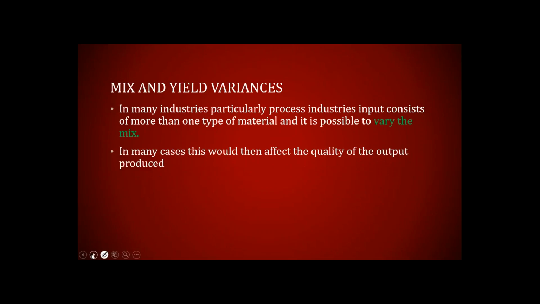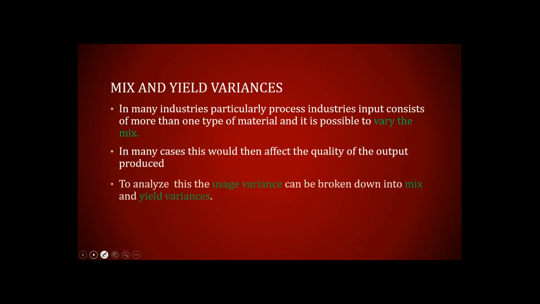For example, with labor, you can have cheap labor, you can have expensive labor, and you can mix them. But if you put more of the cheap labor, the quality of the product may be somewhat bad. So that can have an impact upon your ultimate output.